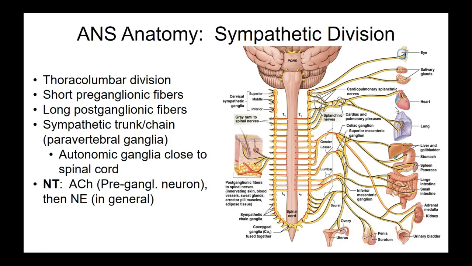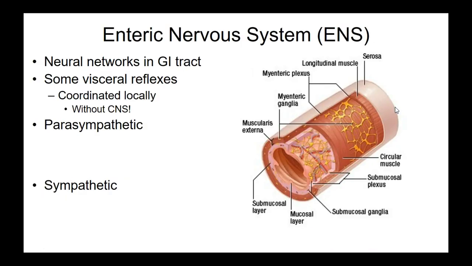In general, that neurotransmitter that's coming from the postganglionic neuron is epinephrine, norepinephrine, okay? Right, for the sympathetic nervous system. So this is the only time we see epinephrine, norepinephrine, is in that postganglionic neuron from the sympathetic. The rest of the time, it's acetylcholine. Okay?